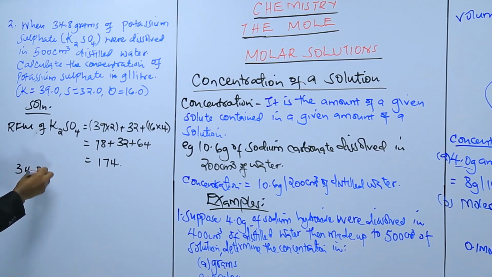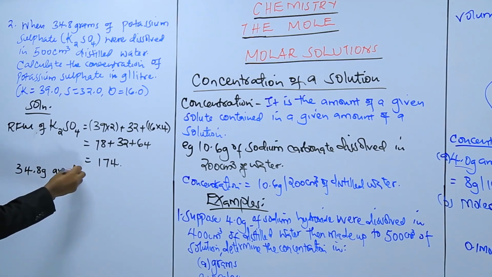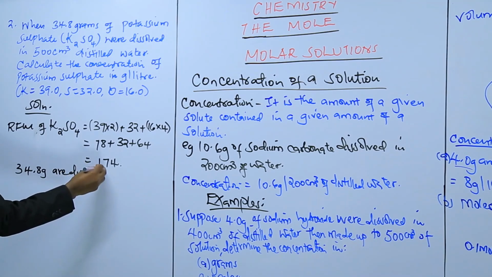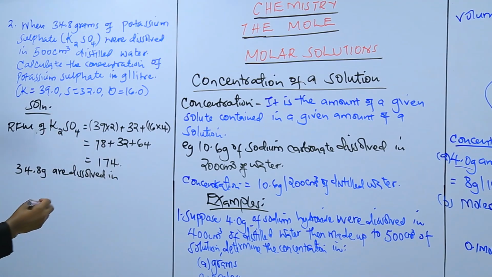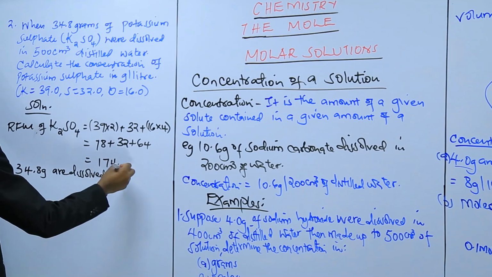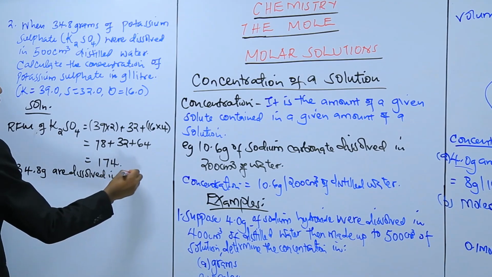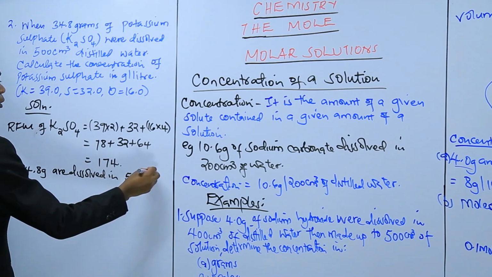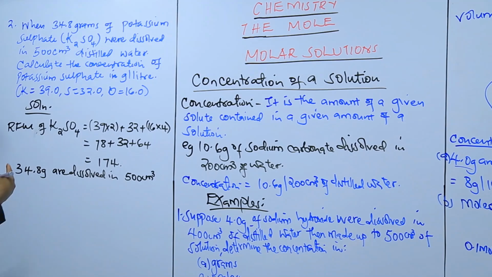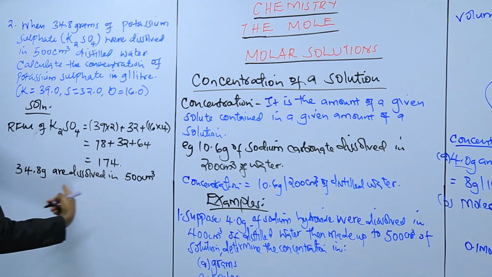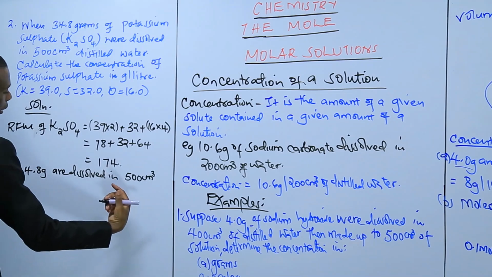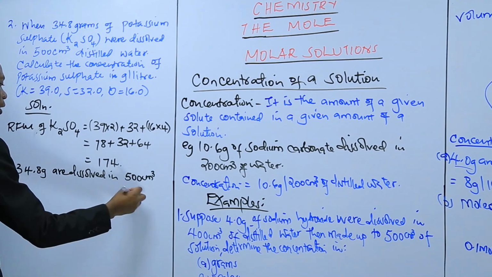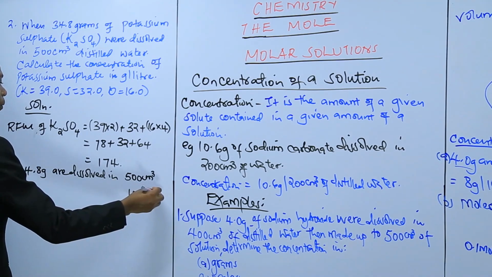Therefore, 34.8 grams are dissolved in 500 centimeters cubed. How many grams will dissolve in 1000 centimeters cubed?